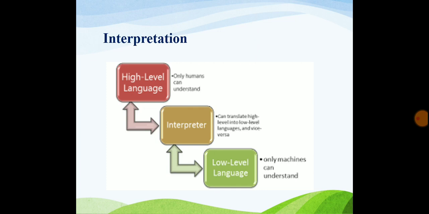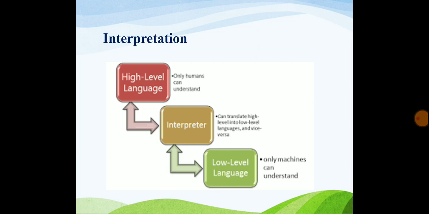So in the compilation process, the entire program written in the high level language is read first, then converted to machine level language, and then the entire program is executed at once. But with the interpretation method, the interpreter reads the high level language program line by line, converts it, and executes each line immediately, one at a time.